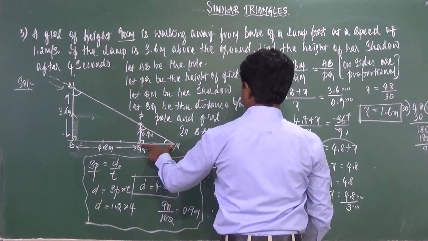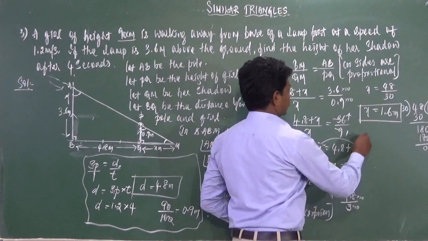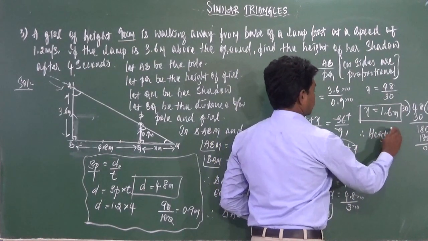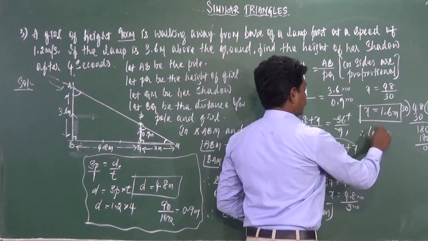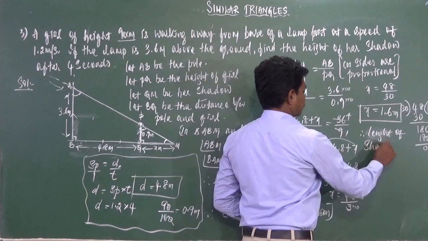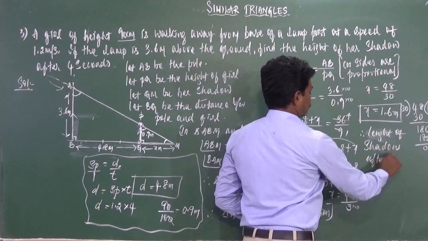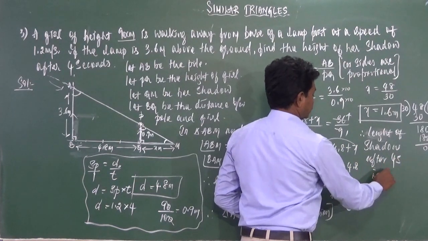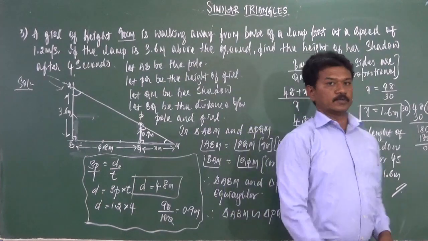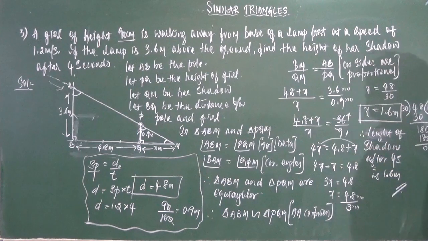The length of the shadow after traveling 4 seconds is 1.6 meters. So this is how we have to conclude. This is for 2 marks, very, very important.